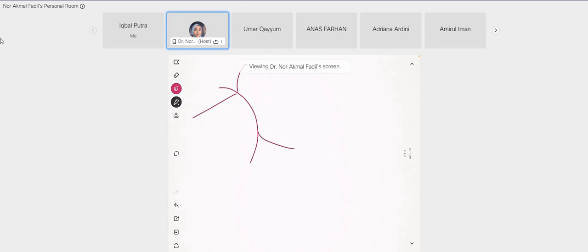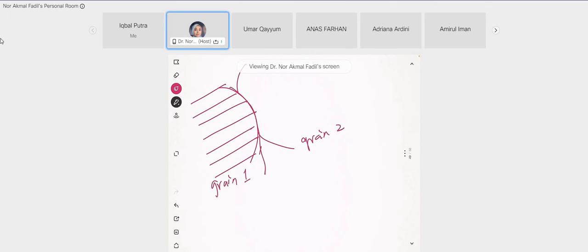Let's say this is the orientation of the atoms in this grain. This is grain 1, this is grain 2. This is the grain boundary.